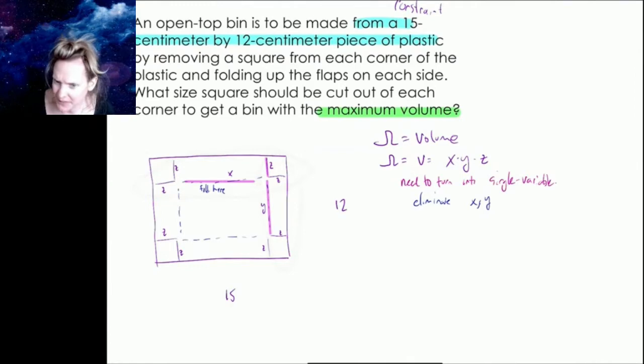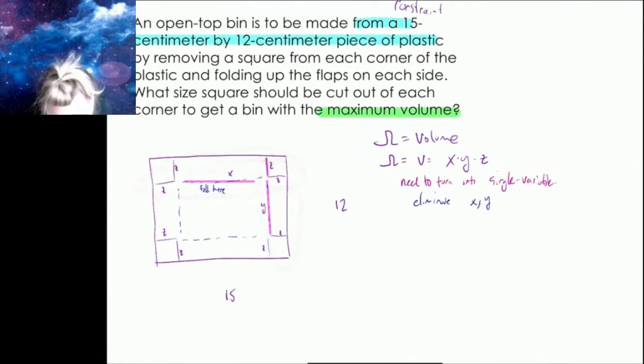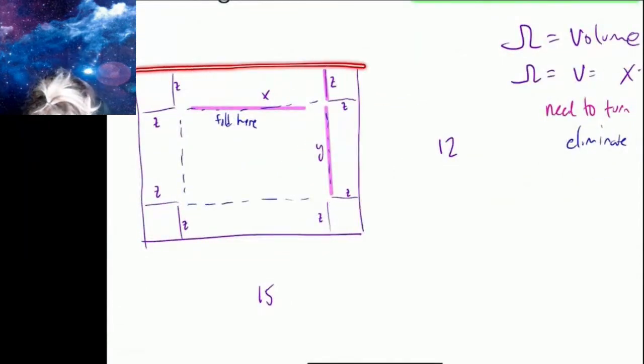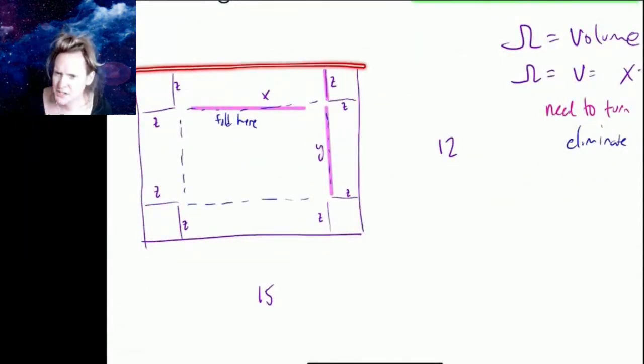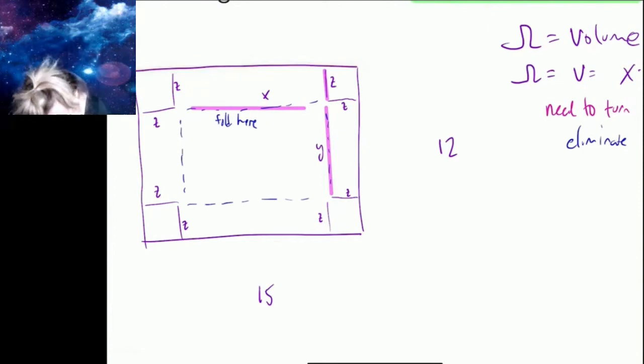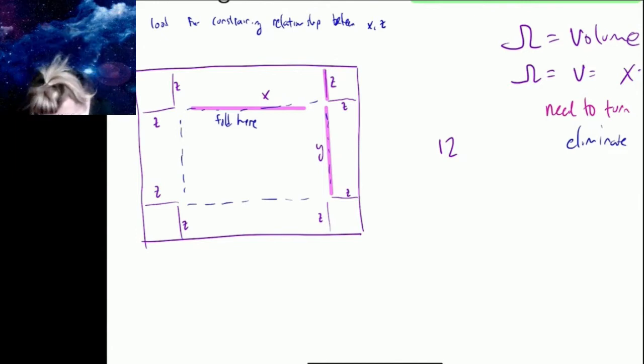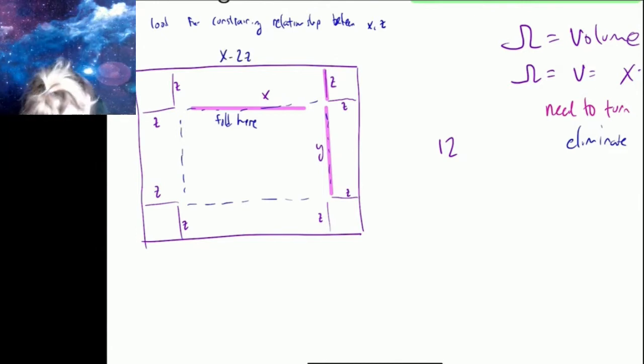Take a second and think. Let's focus on the relationship between x and z on this side length right here. Do you see a relationship between x and z that constrains them? Ooh, x minus 2z. Okay, so that's an expression. What about x minus 2z?